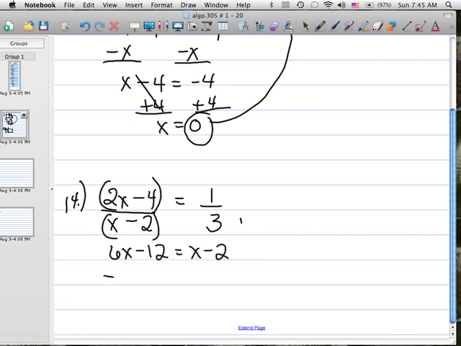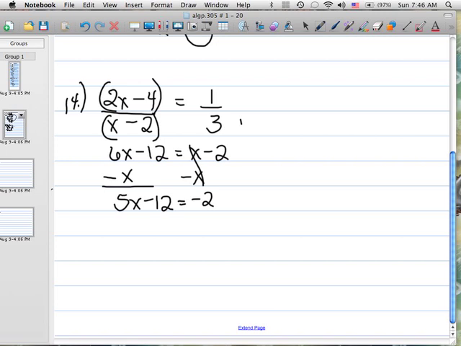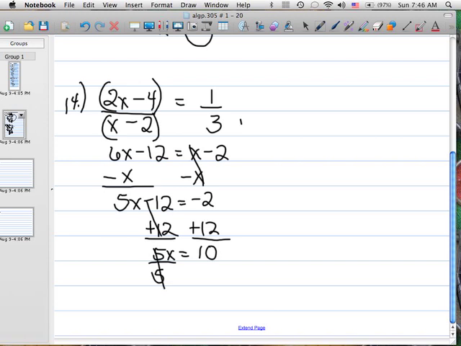Get the x's on one side, so I'm going to keep things positive and subtract x from both sides. I get 5x minus 12 equals negative 2. Two-step problem, add 12 to both sides. I get 5x equals 10. Divide by 5 to get x by itself, and I get x equals 2.